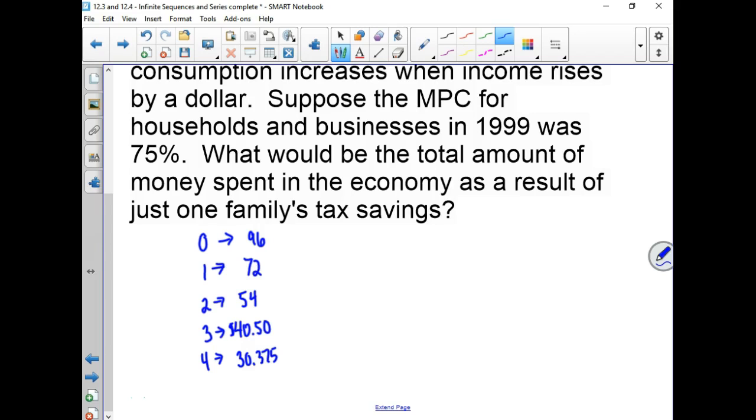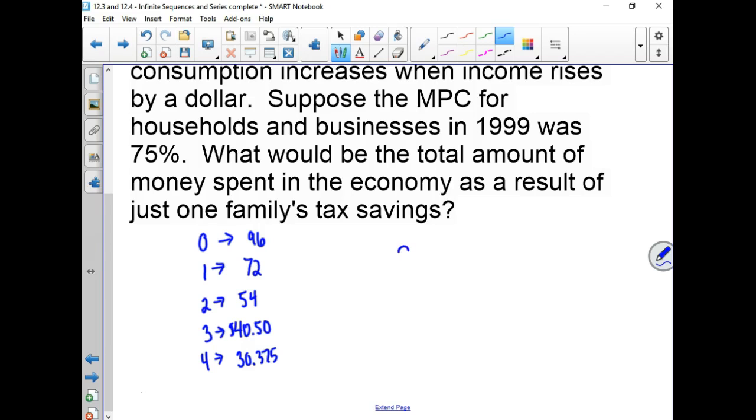So if we did this until infinity, which essentially is what money really does because it just circulates around, being passed from person to person to person, then eventually we could figure out how much money was spent out of that initial $96 that was given to these people.